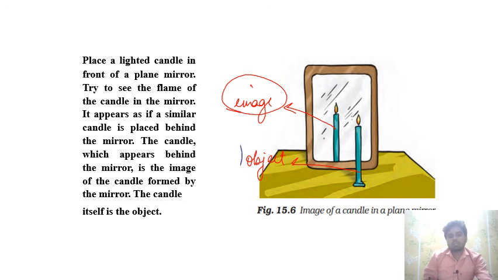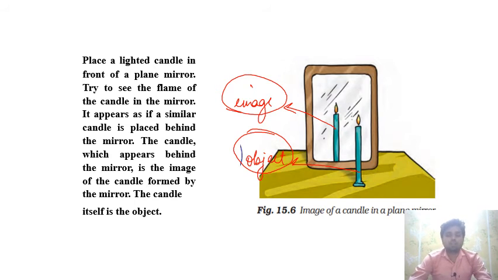Is it clear what is object and what is image? The candle which appears behind the mirror is the image, formed in the mirror. The candle itself is the object. I hope the image and the object are clear to you, students.